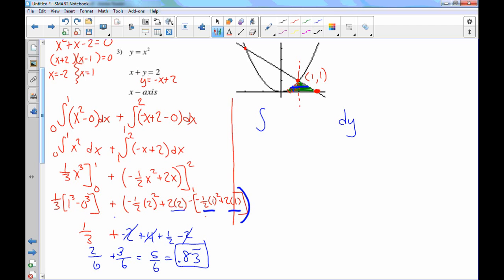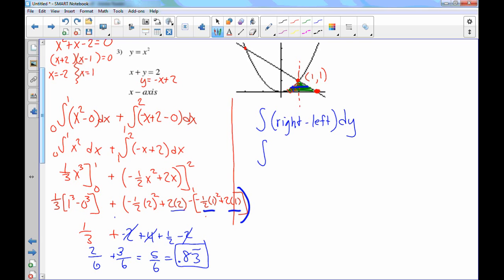Otherwise, somebody is going to have to chop up into multiple intervals in order to integrate with respect to x. So if we change it, our bounds are now y bounds, and it's right minus left. Because the positive side is on the right, and the smaller or sometimes negative side is on the left.